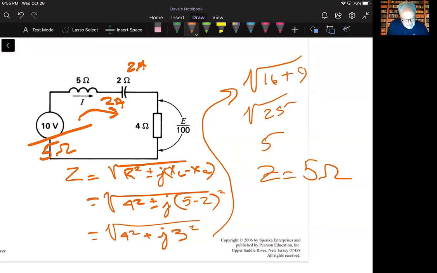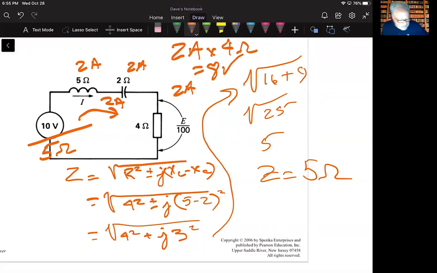So the voltage across that resistor of 4 ohms would be 2 amps times 4 ohms, or 8 volts across there. I was able to solve that problem pretty easily based on the turns ratio.